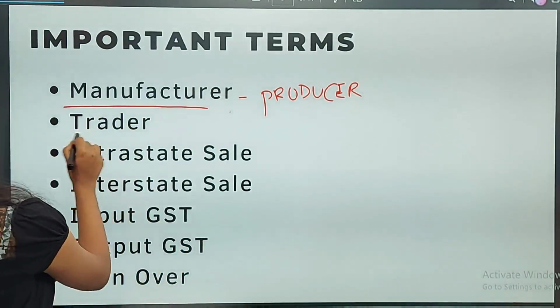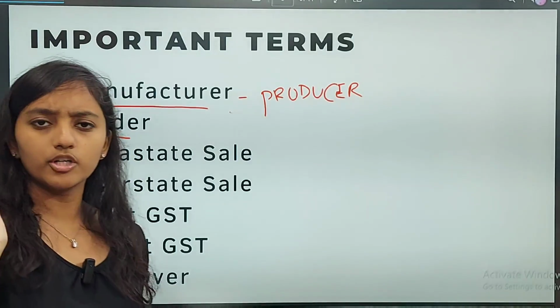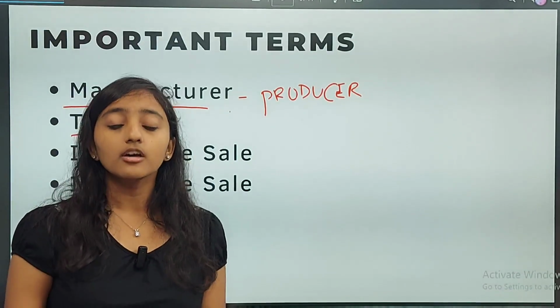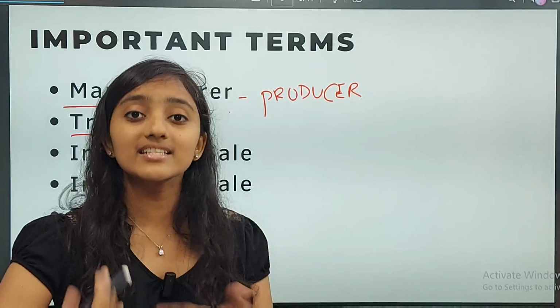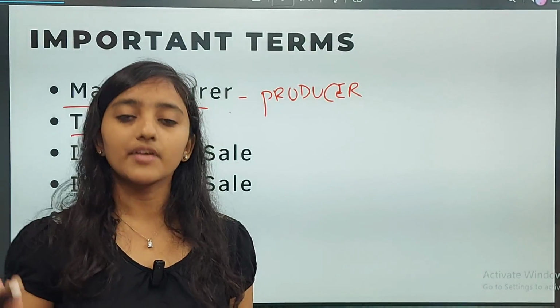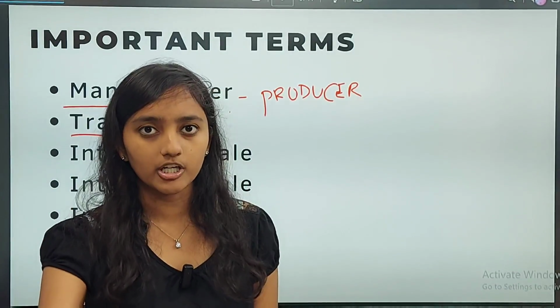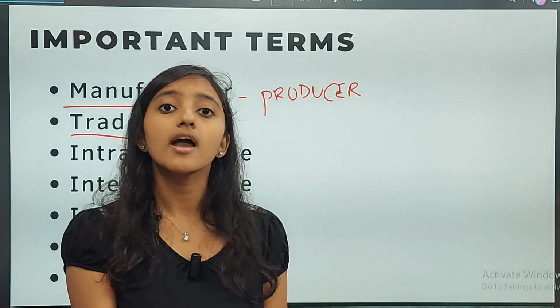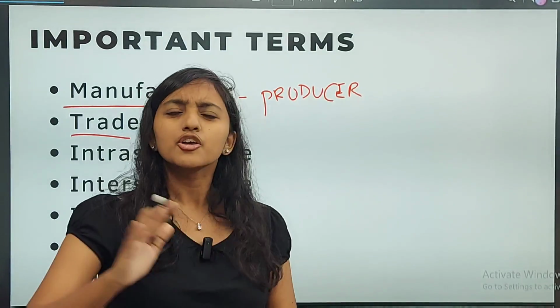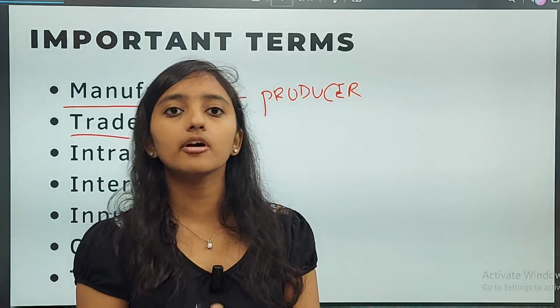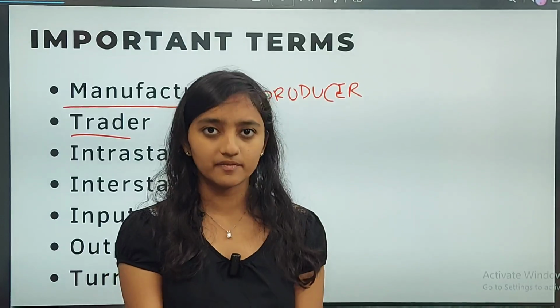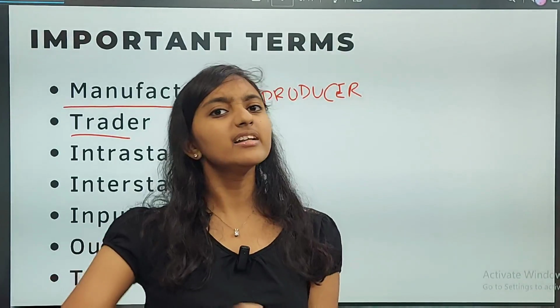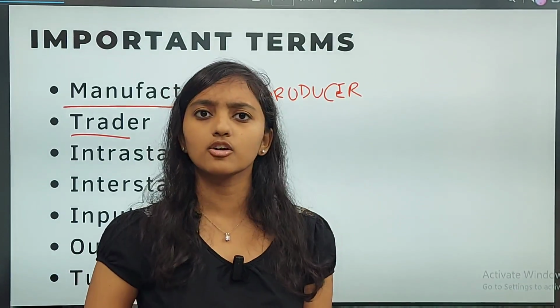Then next is a trader. Trader means what? A trader is someone who buys the goods and resells them. A trader buys the goods from a particular person, possibly the manufacturer, and resells it to another place. When I'm thinking about all this, I'm thinking about how a farmer is a manufacturer in a way. And he doesn't directly come and sell the goods in the market.